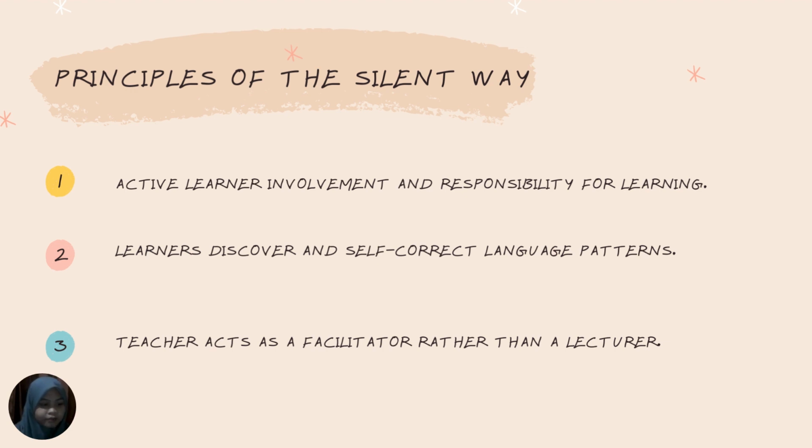One is the belief that learners should be actively involved in the learning process, taking responsibility for their own progress. Another is that learners should learn to self-correct and discover the language patterns on their own with the teacher as a facilitator. So remember guys, teacher is facilitator, not the lecturer.